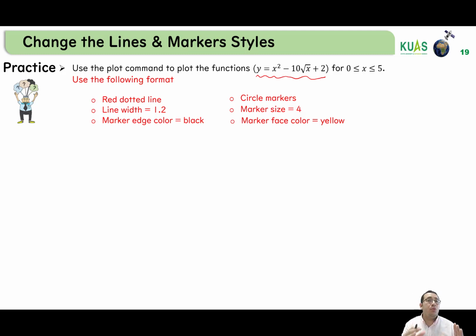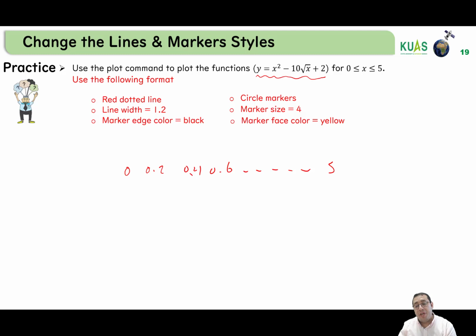For the function, this is what we explained in the previous video, where we explained how to do some arithmetic operations for the matrix. For example, here x is from 0 to 5, so x may be 0.2, 0.4, 0.6, etc. to 5.